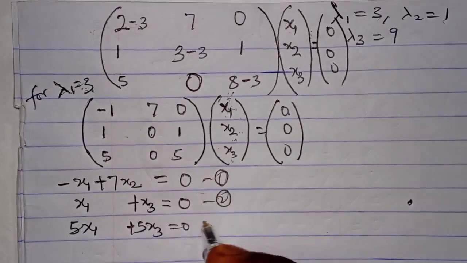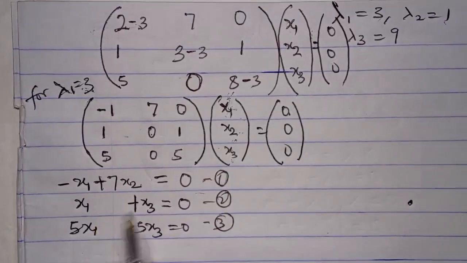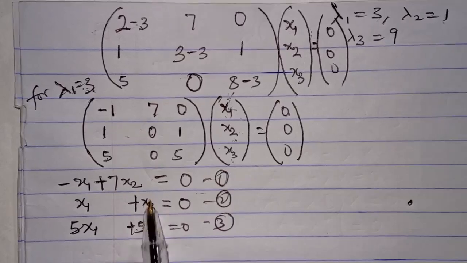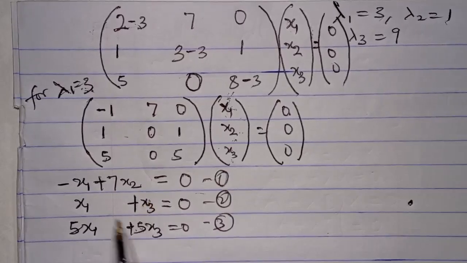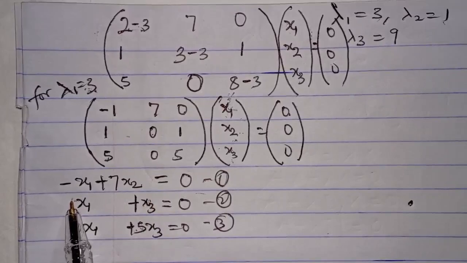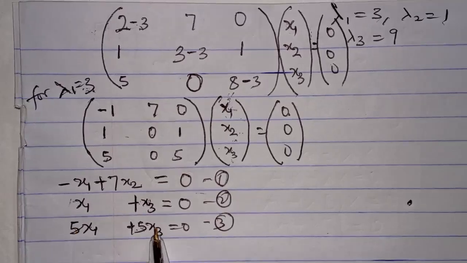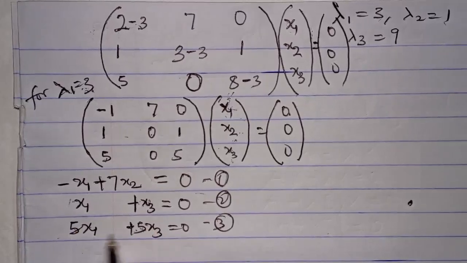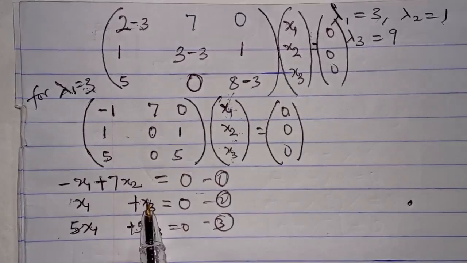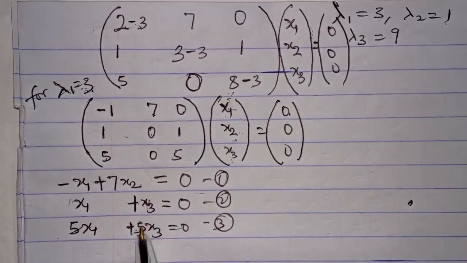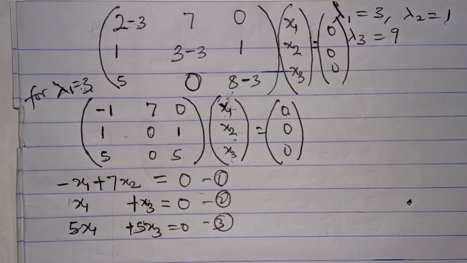Okay, I have three equations here. Equation 1, equation 2, equation 3. Equation 2 and 3 are the same. The coefficient of x1 here is 1, of x3 here is 1, of x1 here is 5, of x3 here is 5. If I divide all through here by 5, I'm going to obtain what is here. Alright, so 2 and 3 are the same. I can make use of any one.